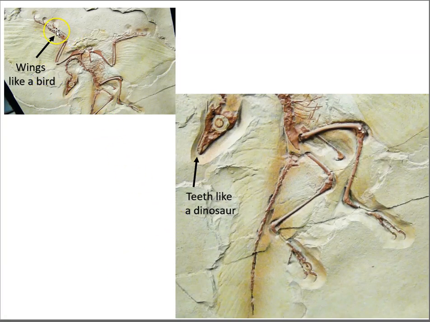Wings like a bird, teeth like a dinosaur. So this is exactly what Darwin would have predicted. If some dinosaurs evolved into birds, then the fossil record would capture some of those intermediate forms, those transitional species, and Archaeopteryx is such a creature. So this is how the fossil record can support the idea of species change, and in fact at the same time weakens the Christian worldview.